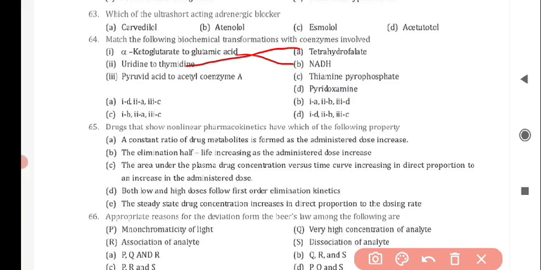And pyruvic acid to acetyl coenzyme A, it correctly matches with option C, that is thiamine pyrophosphate. So option C is correct for this question. Next question is drugs that show non-linear pharmacokinetics have which of the following property? So the correct answer is option B, the elimination half-life increasing as the administered dose increases.